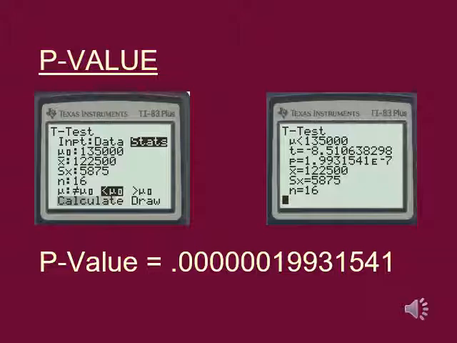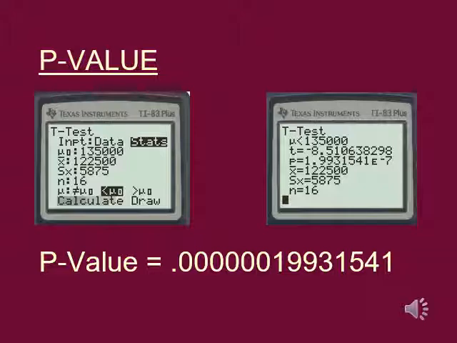It asks first for what the average is supposed to be. That's why we put in what the insurance company said, $135,000. Then it's what is the average actually in our sample, 122,500. And then it asks for the standard deviation, which was 5875.